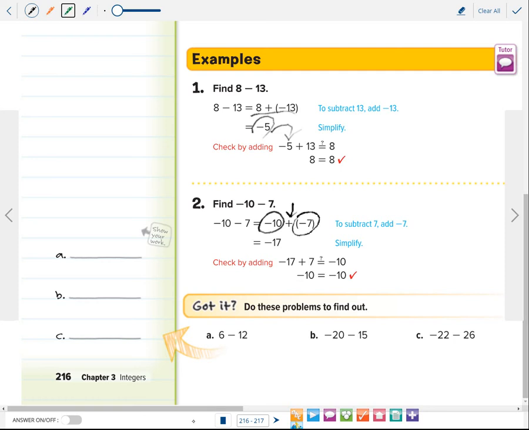So go ahead and take a minute and rewrite A, B, and C as an addition sentence, and then find the sum. Rewrite it as an addition sentence the way we were doing it, up high on the page.